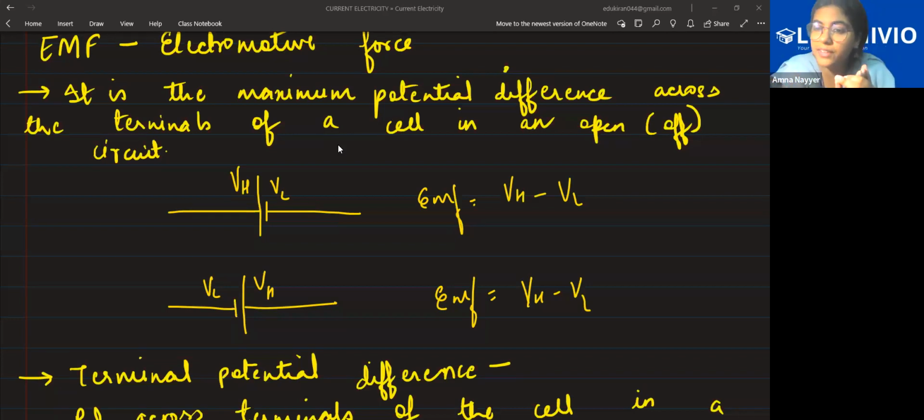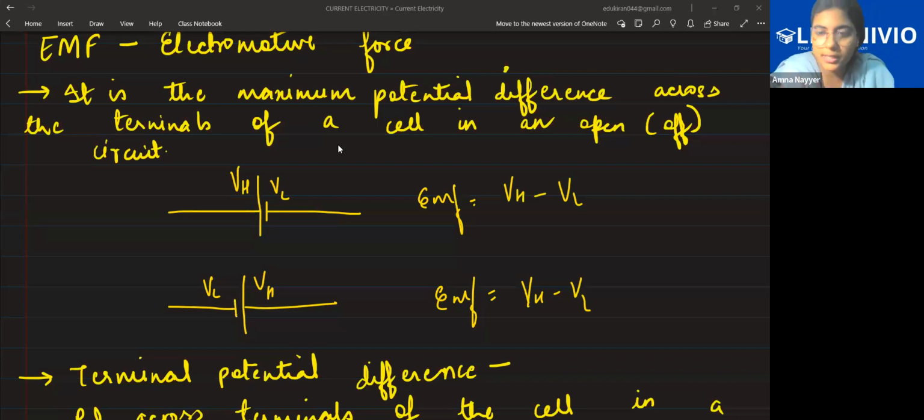How will you identify, if a circuit is mentioned, whether this is EMF or terminal potential difference? Two things I'll tell you. Go by that and you'll be able to figure out the differences. Firstly, in an open circuit, EMF is there.